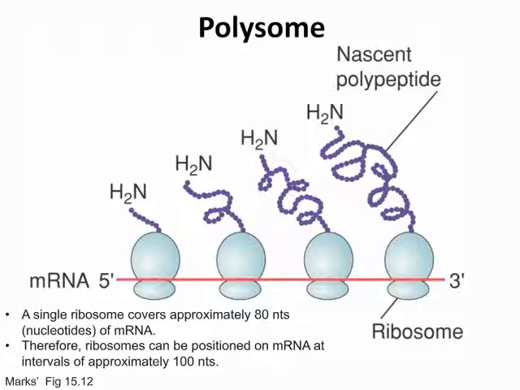So many ribosomes can actually translate a single mRNA. And when you have multiple ribosomes translating the single mRNA, you form a complex known as the polysome. So a single ribosome can cover approximately 80 nucleotides of mRNA. Therefore, ribosomes can be positioned at every 100 nucleotides.